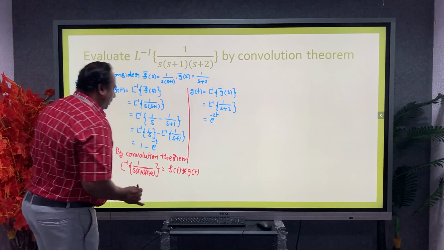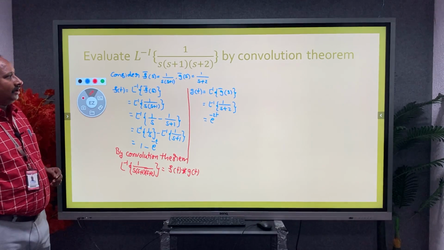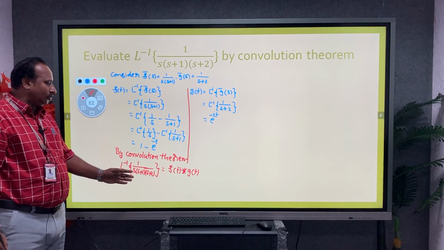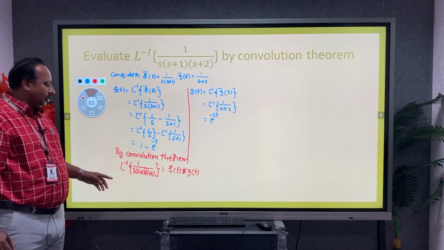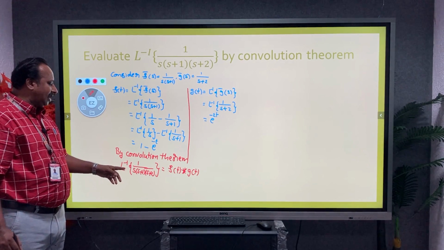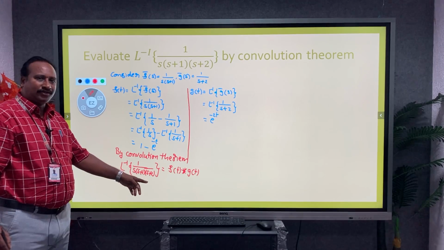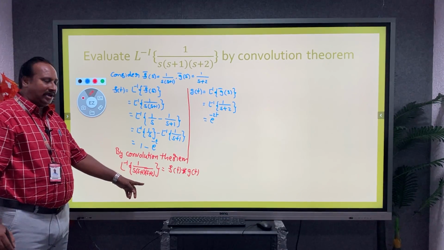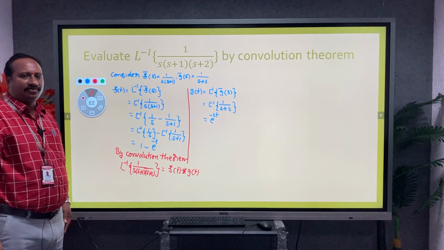Okay. Why? Because what is the convolution theorem? Convolution theorem is L inverse of F bar of S G bar of S equal to F of t star G of t. So that's why I am writing L inverse of 1 by S into S plus 1 into S plus 2, which is nothing but L inverse of F bar of S and G bar of S, that equal to F of t star G of t.